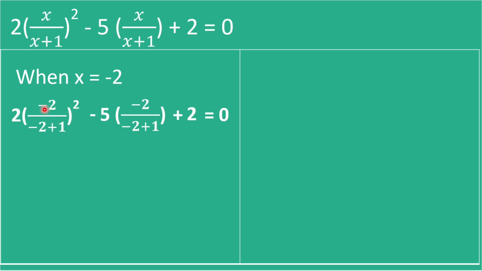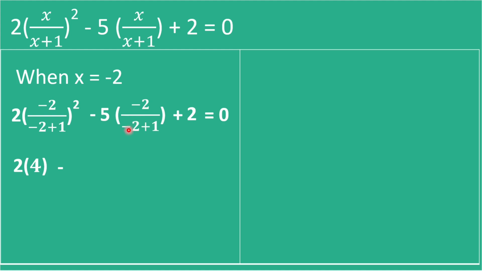Now this minus 2 plus 1 will become minus 1. Because of this square, this minus 1 will become plus, and here this minus 2 will also become plus because of this power being an even number. So overall this will become 4. So 2 times 4 minus 5, and here this minus 2 divided by minus 1.